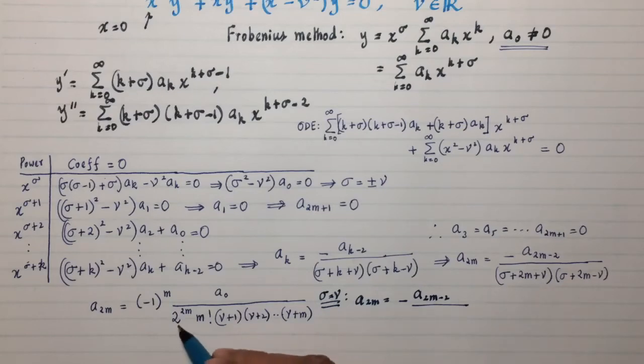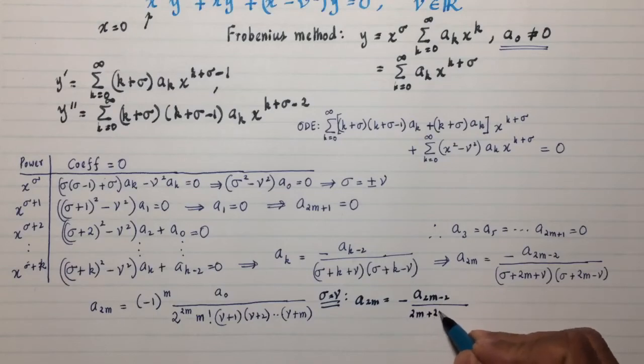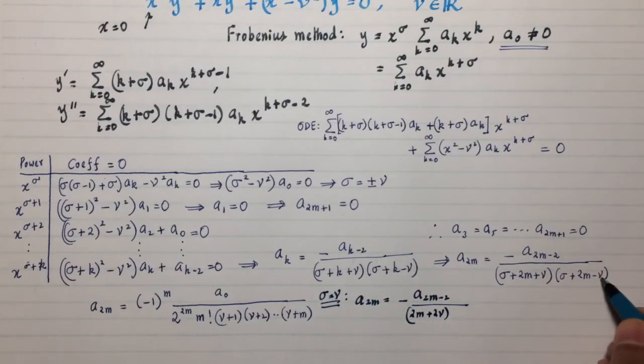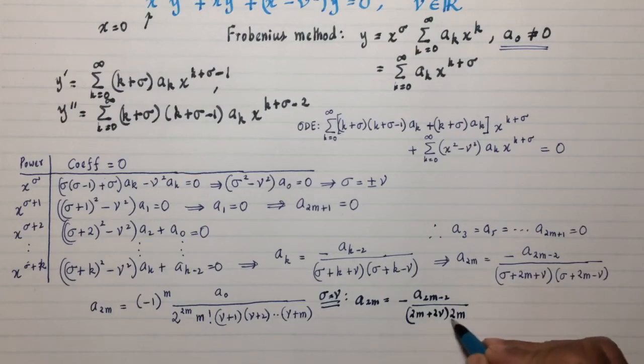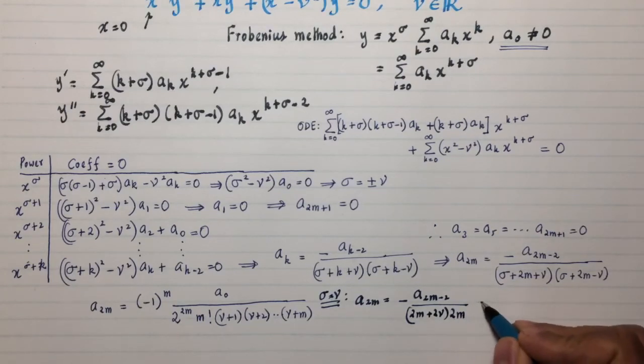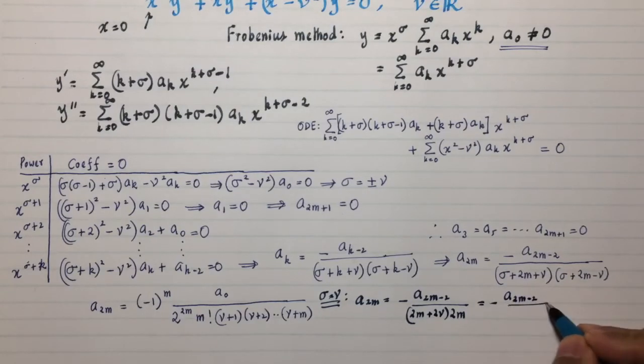That's where the factor of 2 comes from. And if sigma equals nu, then sigma and nu cancel out to give me just 2m. So that's another factor of 2. So you're going to get negative a2m minus 2 over 2 squared m times m plus nu.